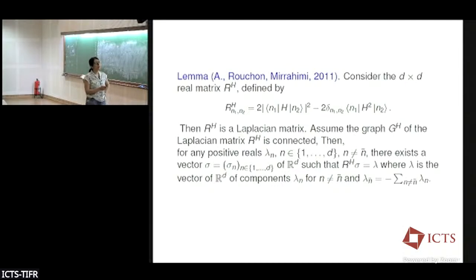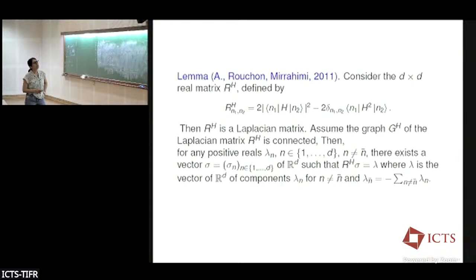So this is a Laplacian, and you can check that the sum of any row and any column is 0. I don't do that; you can check. If you have a problem, please ask me now or later. We assume that you have the connectivity of your H, so then your Laplacian is connected, because it's related to the elements of H also. So then you can say that this is also connected.